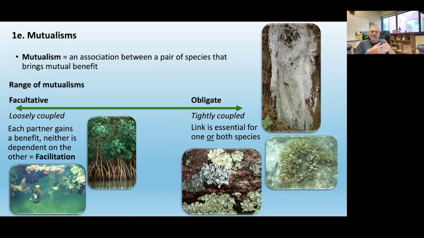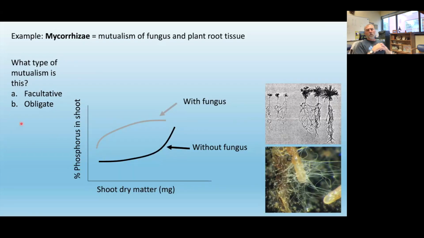Now, in some instances, there are some types of lichens, like bracket lichens that grow on trees, that engage in this relationship, but they also are parasitic on some of the trees. So again, you can have multiple relationships occurring with different species. Mycorrhiza is a good example of mutualism, where you have fungus and plant root tissue existing together.